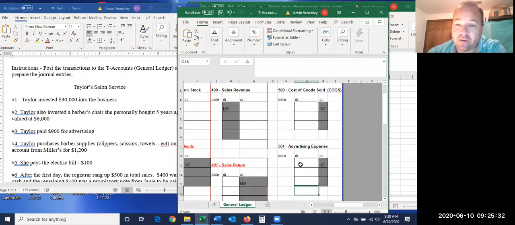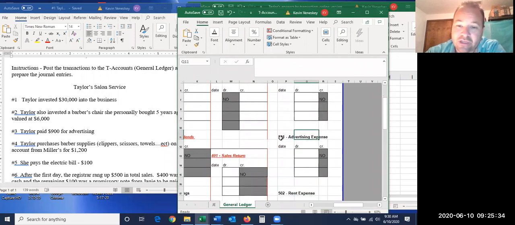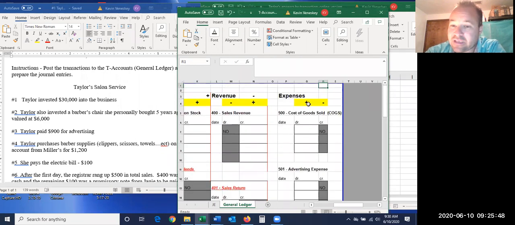And we have one in my generic T accounts called advertising expense. Notice in the advertising expense, the debit side is the only side that's really lit up. I put nothing over here in the credit because if you look at plus and minus, it doesn't make sense that you got a negative benefit from something.